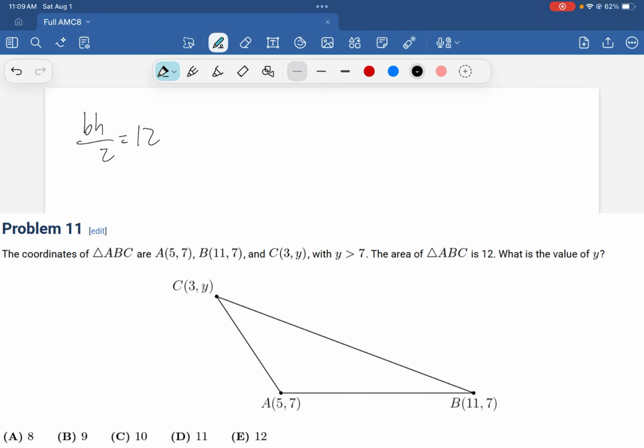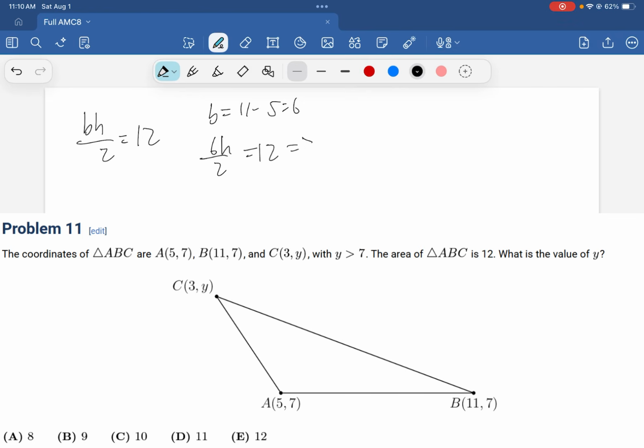Now our y coordinate here is what determines our height. We know the base is just the distance between A and B, which is 11 minus 5 equals 6. So we have 6 times height over 2 equals 12.